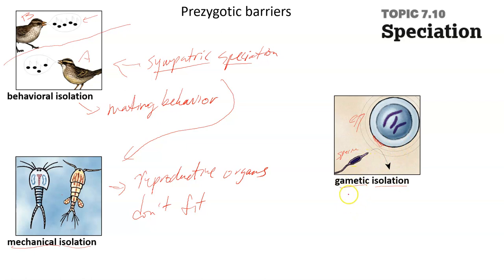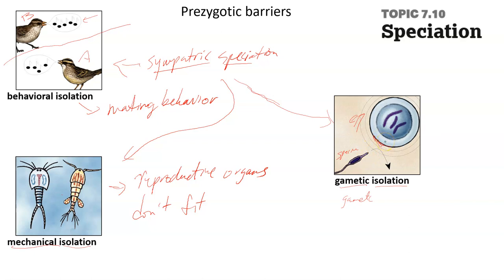This is called gametic. Makes sense. You've heard of gametes before, I'm sure. Egg and sperm, sex cells. It just means that sex cells are incompatible. So maybe mechanically they can breed, right? Their stuff fits together, but these gametes, whenever they enter the other organism, they just don't match up, and they won't pair up and create a full zygote.